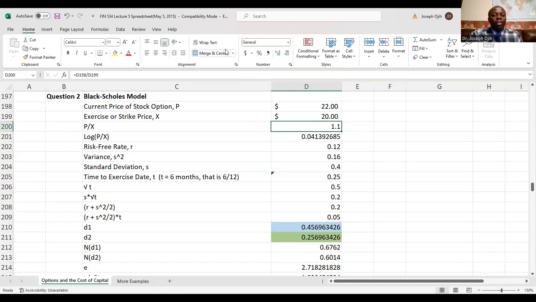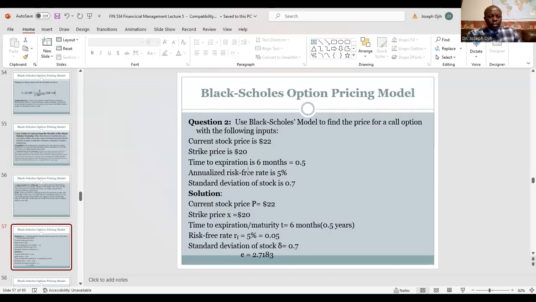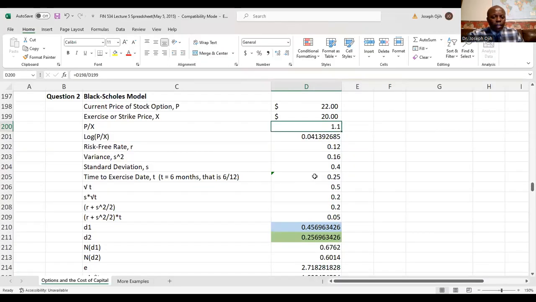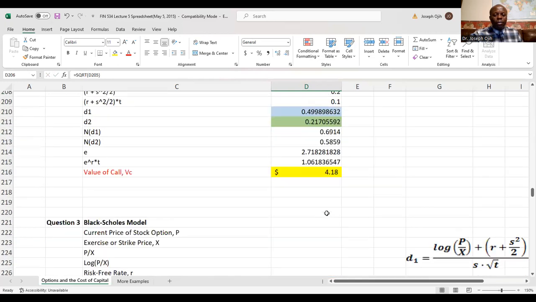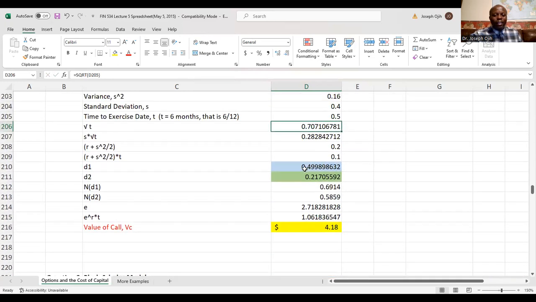Next thing they told us is that the time to expiration is 6 months. So T is 0.5. We go there and put 0.5. Okay, time is 0.5. See, it will be calculating everything, including the D1 and D2.